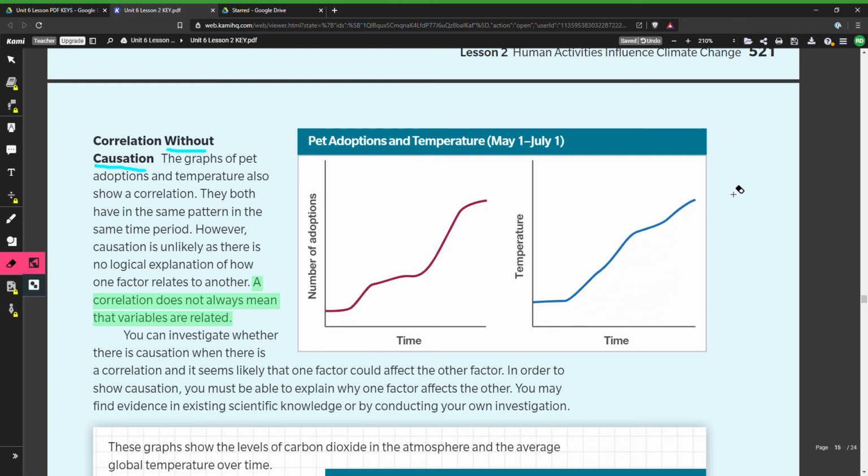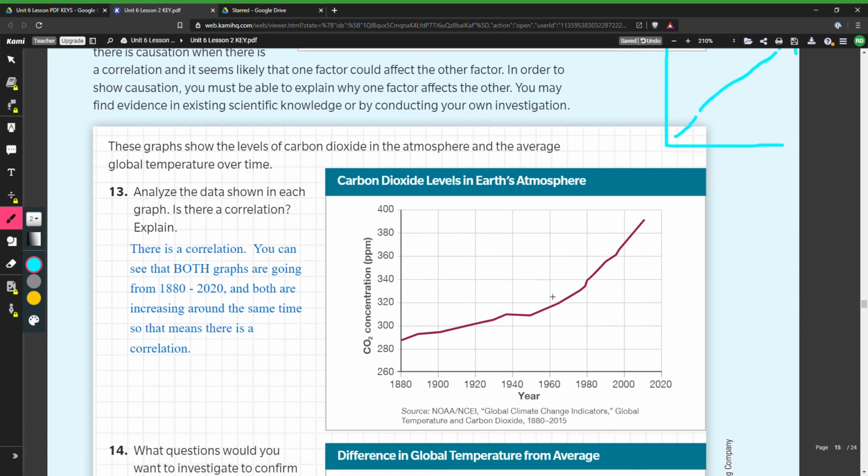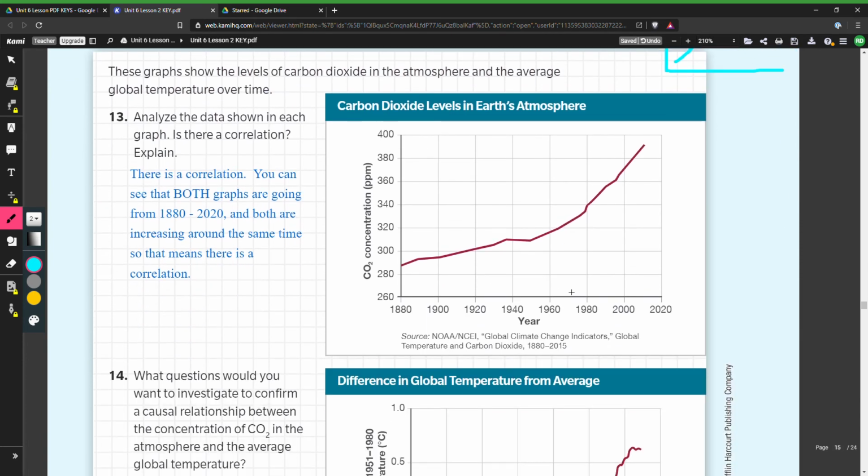But then if you literally found a graph for the number of organic foods that were being purchased, that graph also looked the exact same. So it was like, well, is it GMOs or is it organic foods that was making people have more disease? Just because the graphs look the same didn't mean that they actually had to do with one another.